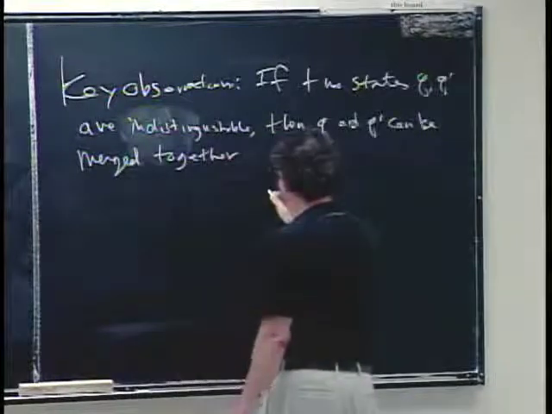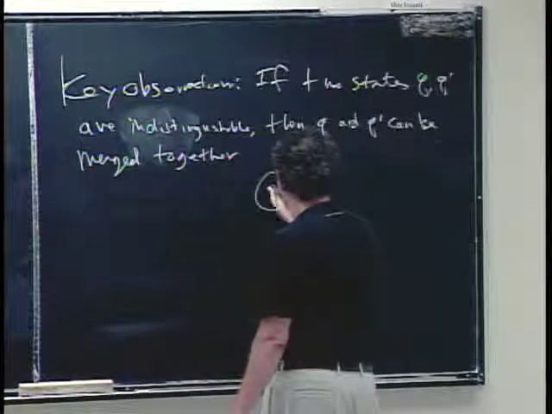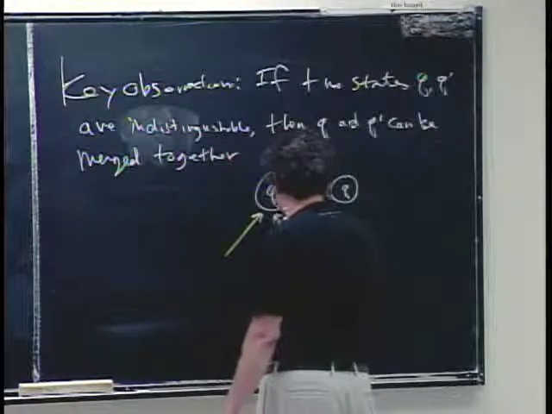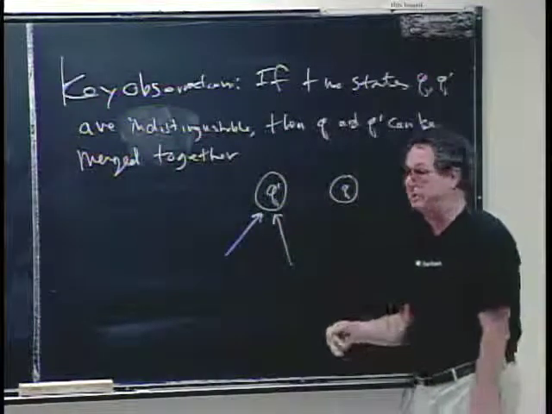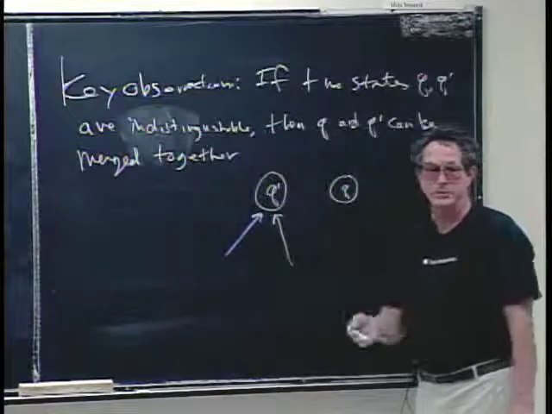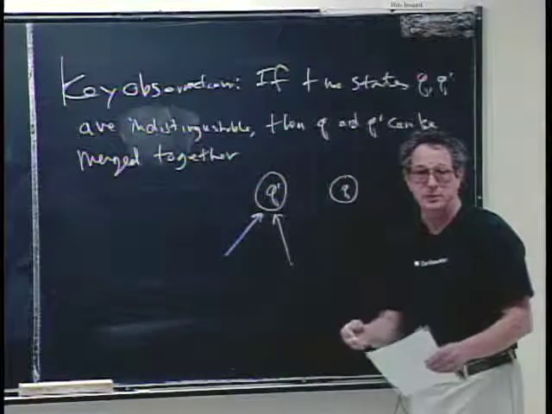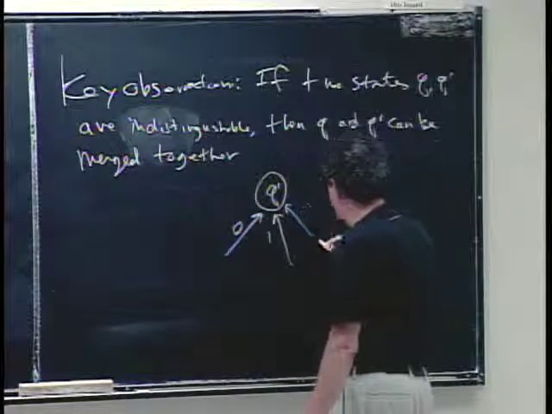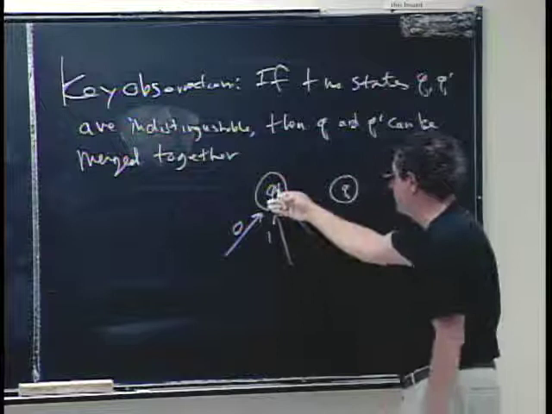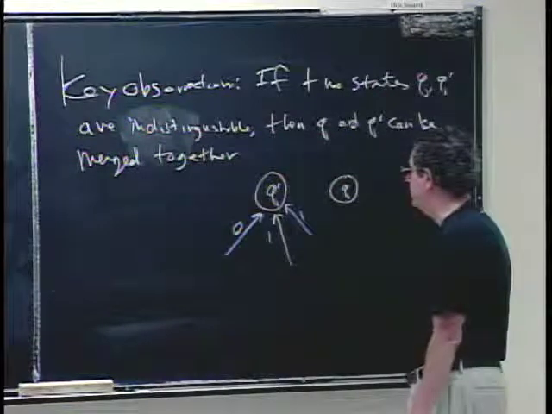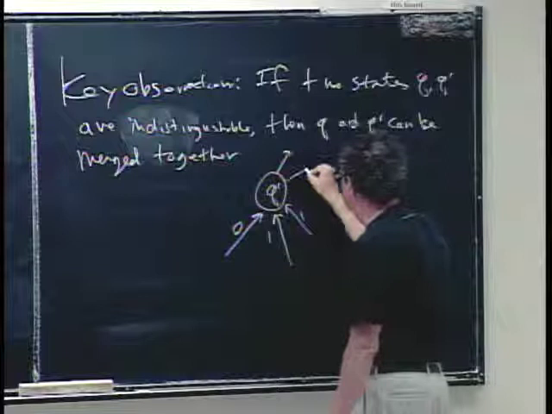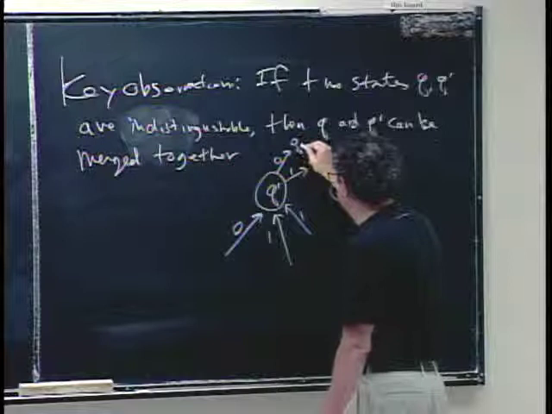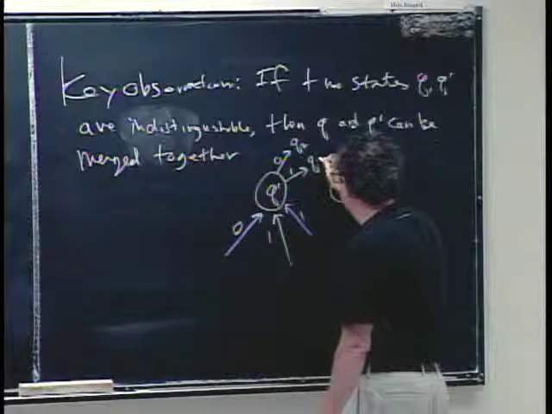I'll just explain this by picture. Here we have Q prime, and here we have Q. And in these examples, in the way I'm discussing this, we're just assuming we have a binary alphabet, but the basic ideas will work for any alphabet. So let's just say we have some arrows coming into state Q prime, and we have some that are leaving, and this goes to, let's say, Q7, Q9.